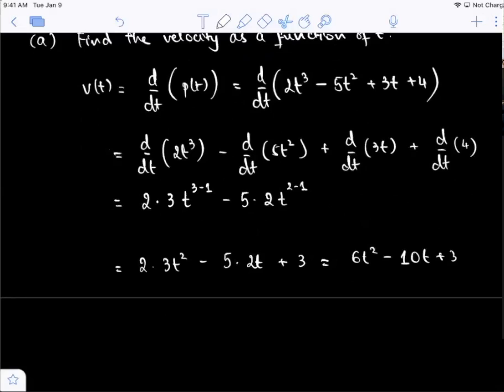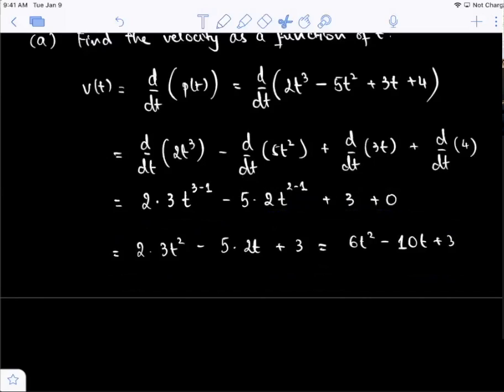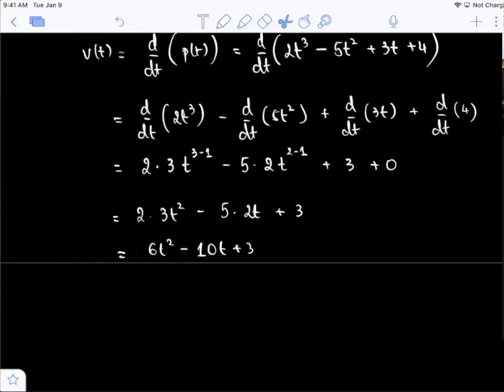Then it's plus 3. The derivative of t is equal to 1, so that's why we got only 3. The derivative of 4 by itself is 0. So this is the velocity function. Velocity, once again, is the derivative of the position function, and the unit of this should be centimeters per second.